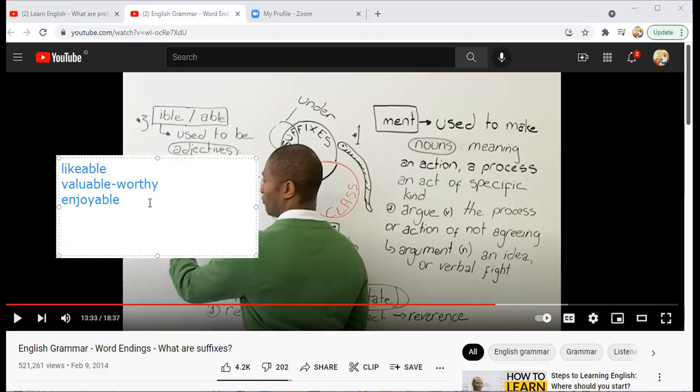And then for able, it's the opposite actually. It kind of has a negative connotation from the word that I remember, like gullible. How do you say it? Gullible.